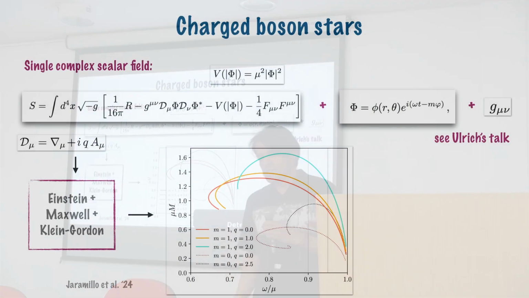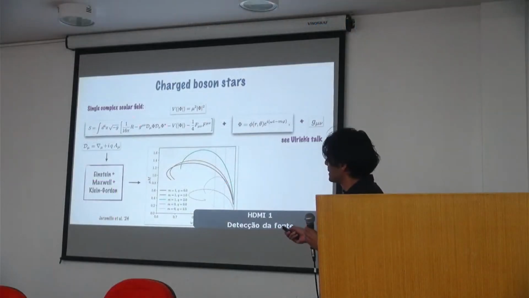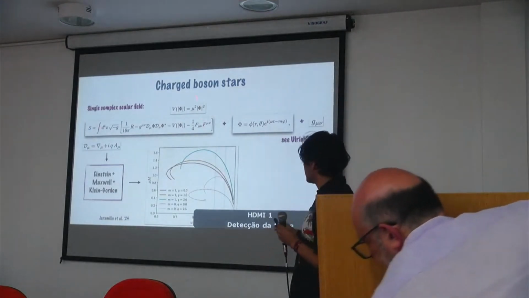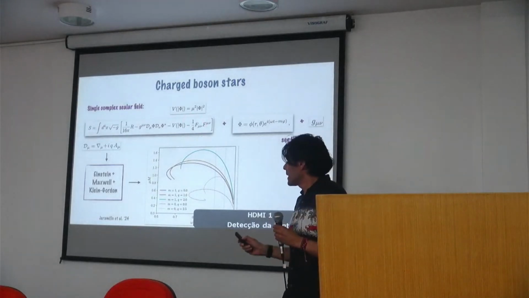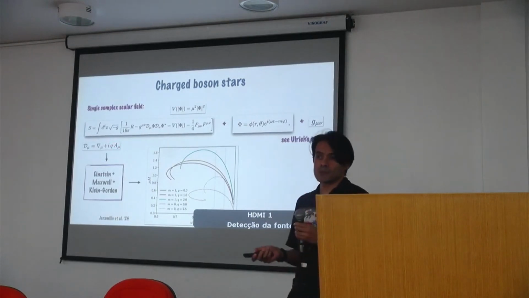For that, thanks to Uli and Carlos, and many people already introduced, just a single star. The only thing that I'm going to do is, instead of having just this action over here, couple it with the Maxwell tensor, the one that appeared here. And the covariant derivative, I'm going to change to include this vector potential through this constant Q that is related to the charge.